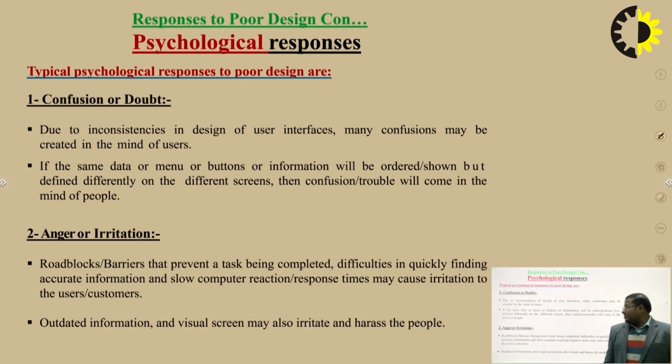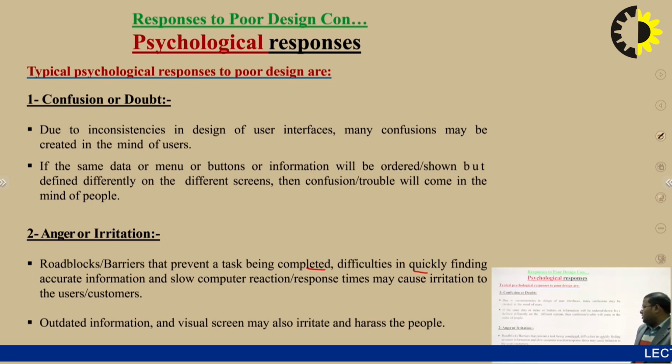Barriers that prevent a task from being completed. There are some problems which behave as a barrier and create problems in the completion of the task. Difficulties in quickly finding accurate information and slow computer response times may cause irritation to the customer.